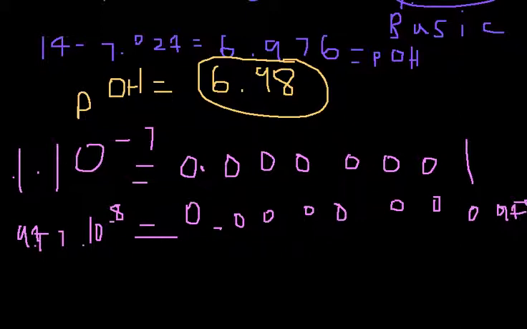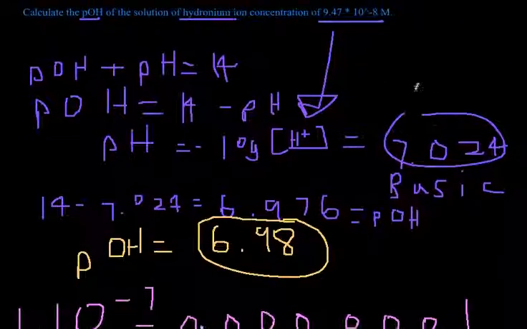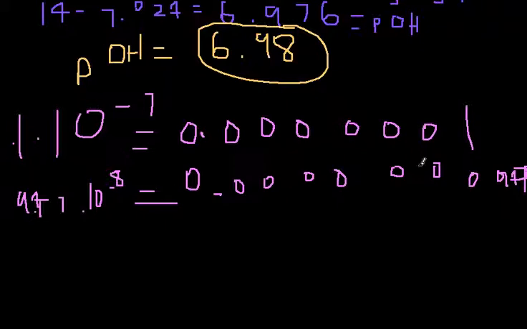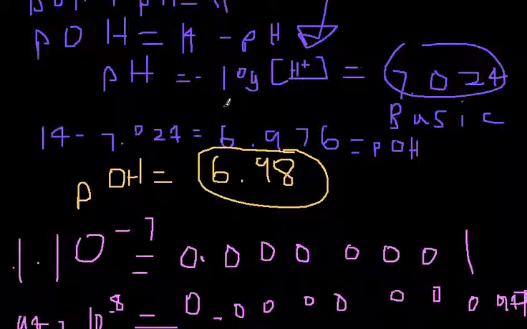These numbers are really close. This actually was very close to rounding up to a 1 right here, but it doesn't quite round up. It gives us a really close amount. So that means that this solution is pretty close to neutral and not extremely basic. But it is still slightly basic, and you found your answer of pOH.